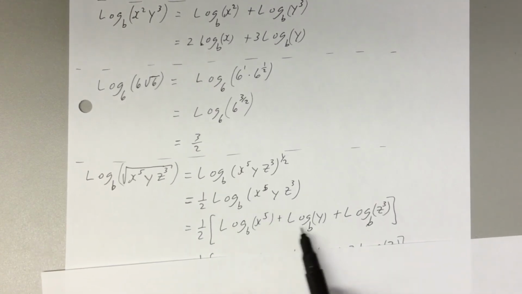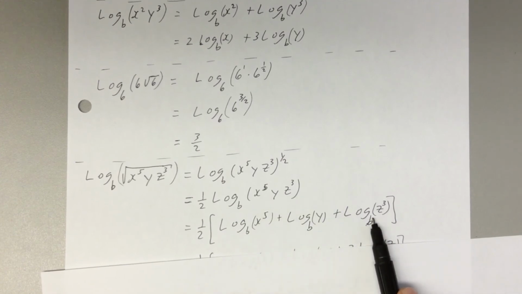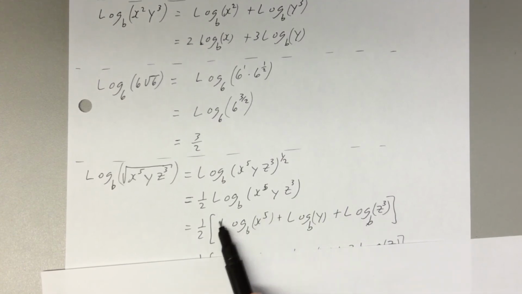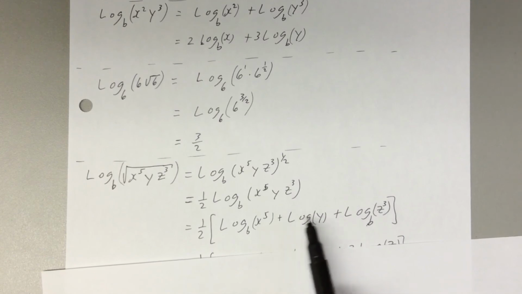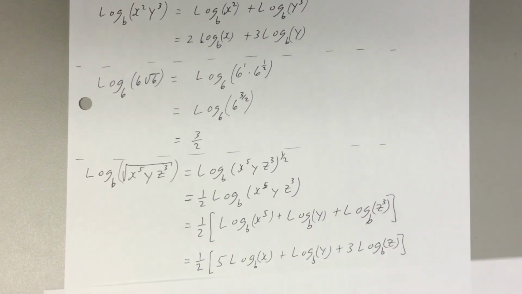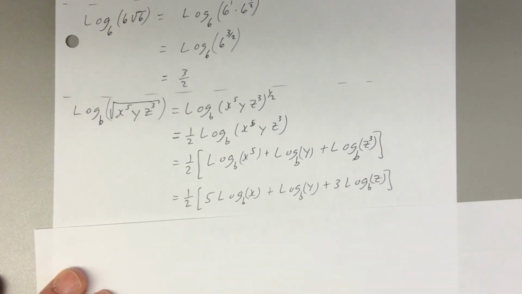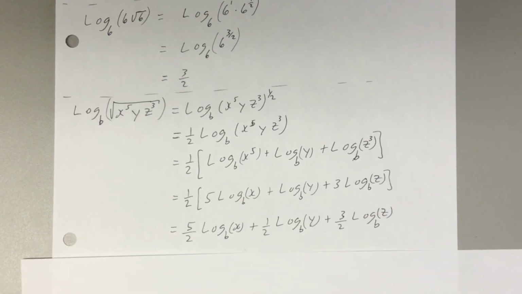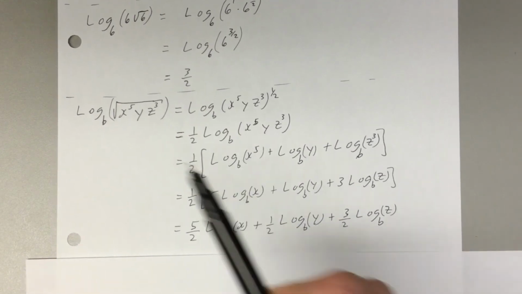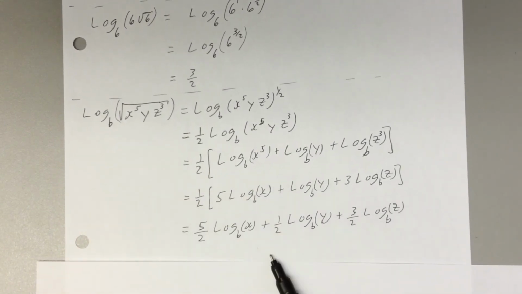So it's the sum of this, this, and the last one. And then for each of these, I can bring the exponent down. There's no exponent here, so I'll just leave it, and the 3 can come down. And then I can multiply the 1/2 in, and I've got this long expression here. So this is another way to write this expression.